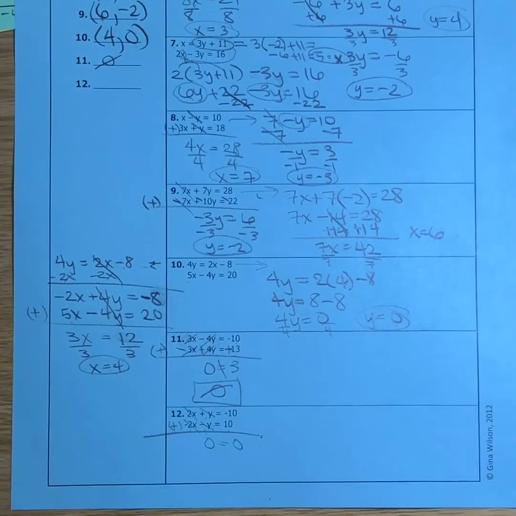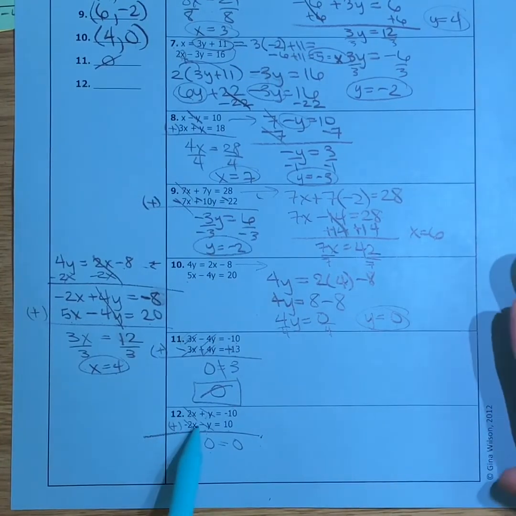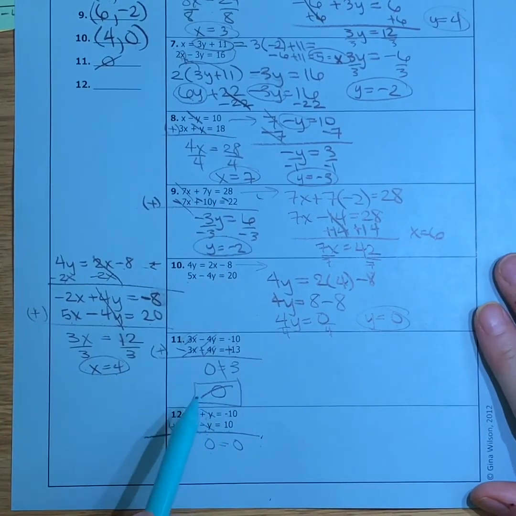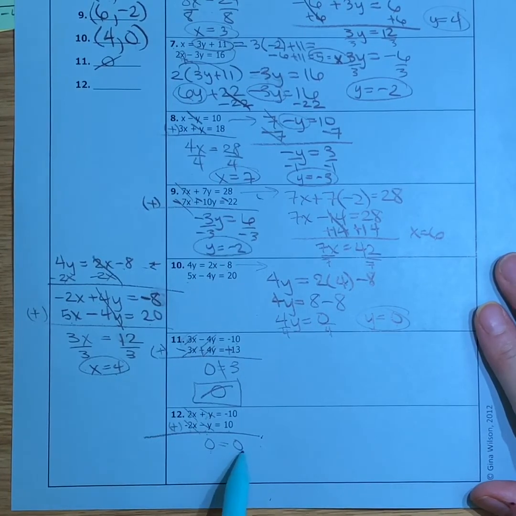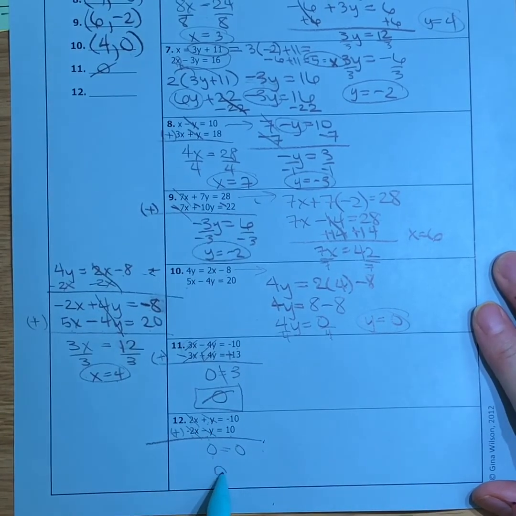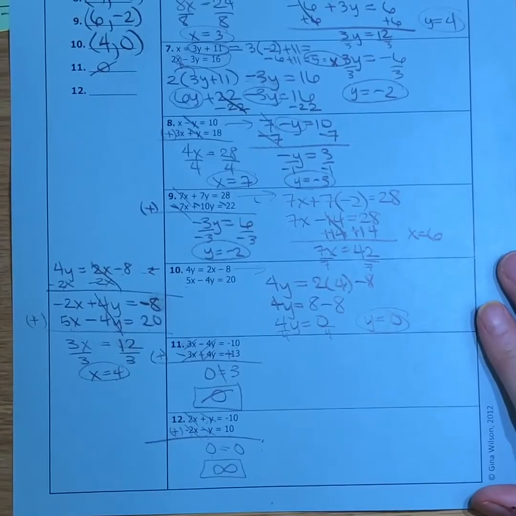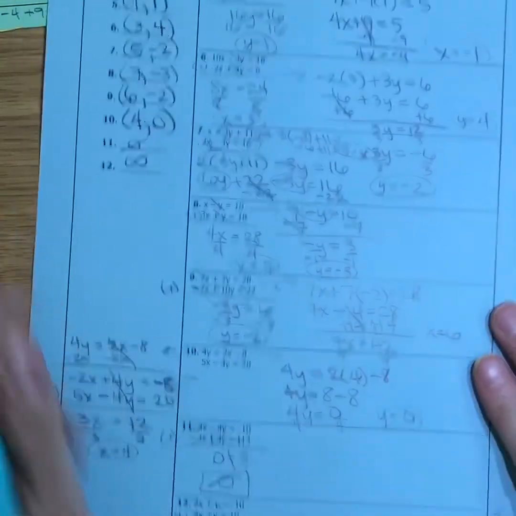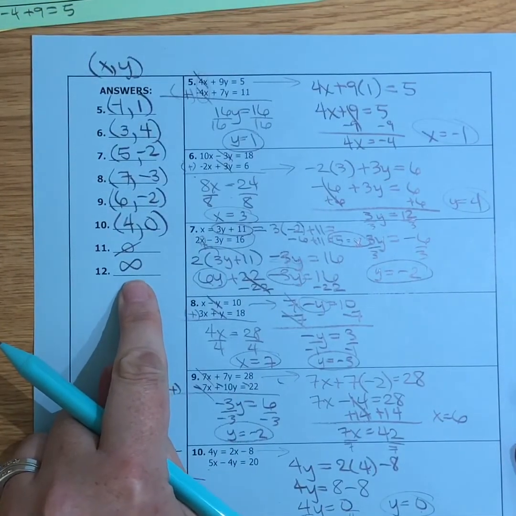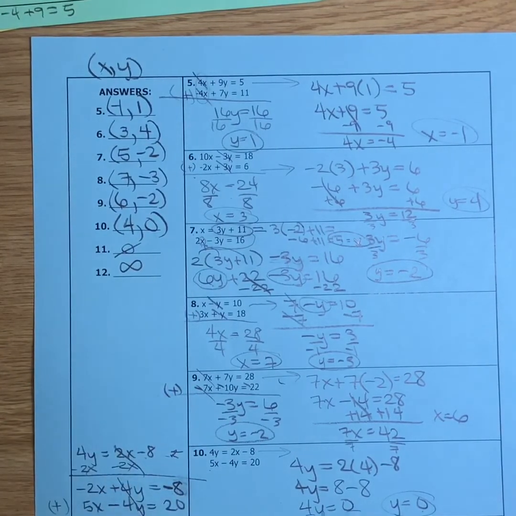Remember we said, if all the variables eliminate, you're either left with a true or a false. Well, guess what? 0 equals 0 is true, so this is infinite solutions. It doesn't matter whether you have 0 equals 0 or 7 equals 7. So if we graph these, they would be exactly the same line. That's why we get infinite solutions. So please bring questions to class for clarification.